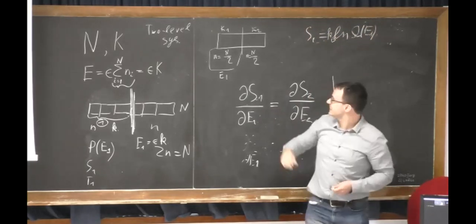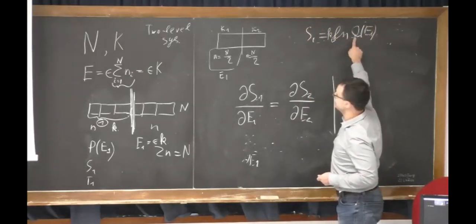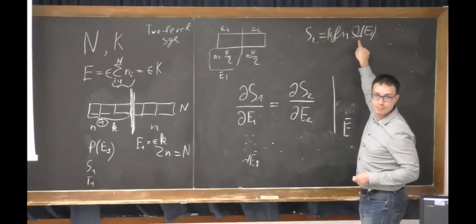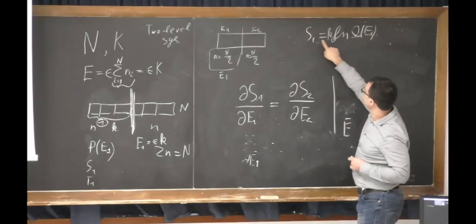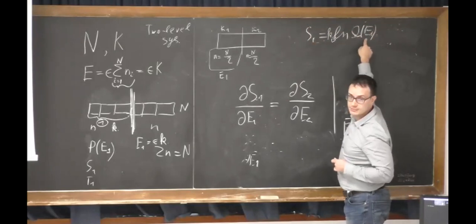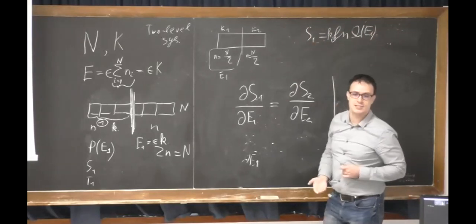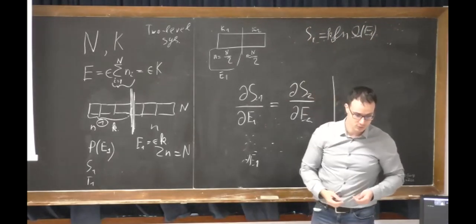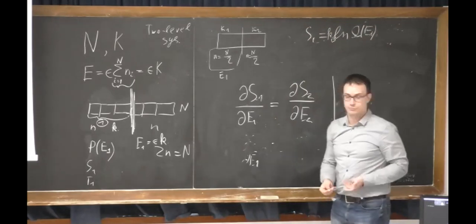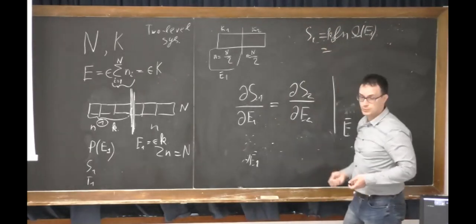And you see, the probability of E1 was this number divided by the E2 one. For the entropy here, we just need E1. And it looks exactly like the two-level system, right? So you can go to the notes and pull out the formula for S1.